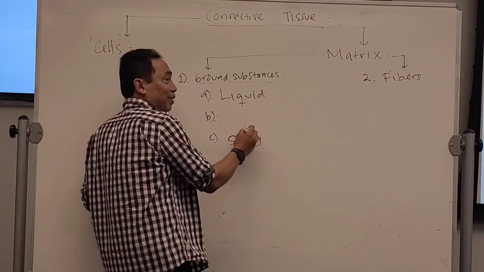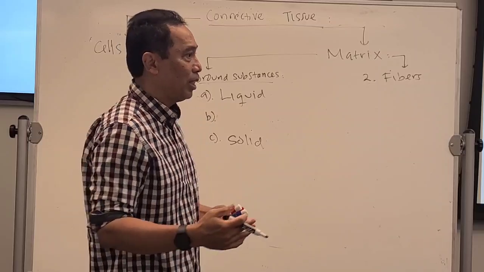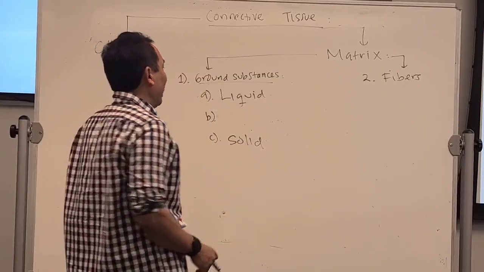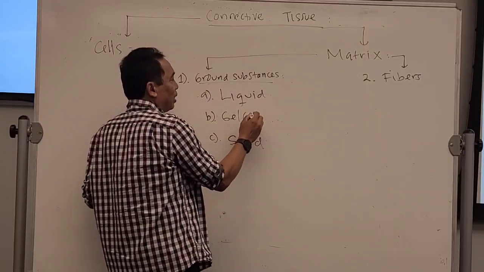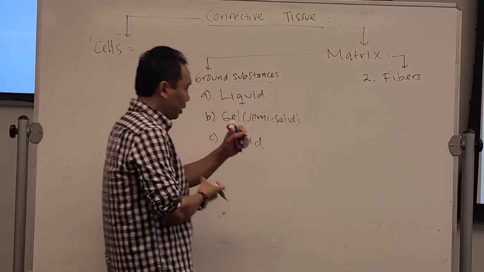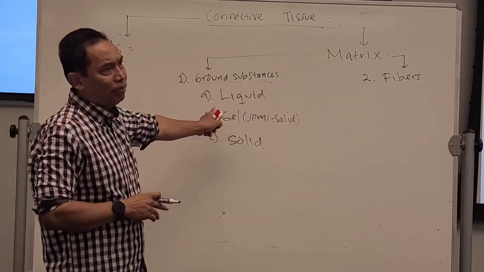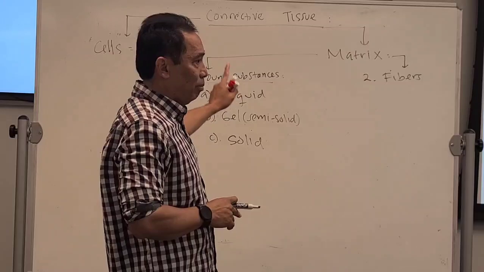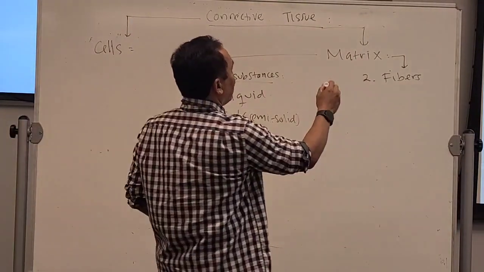Solid over here. Right? Like in the bone, it is very, very solid. This is calcium carbonate. And between them, we call what? Gel or semi-solid. Like under the dermis of our skin, it actually has a gel type of ground substance. Okay, so it is going to be divided based on this and based on the fiber.